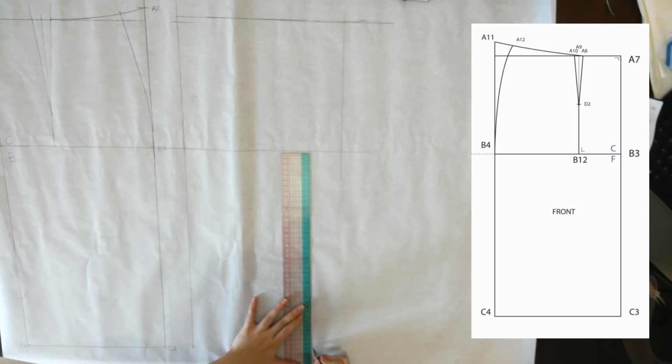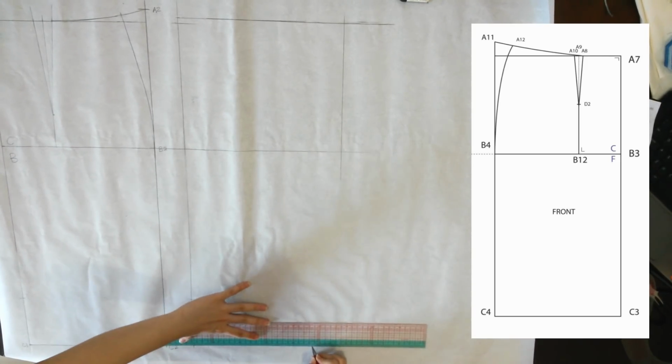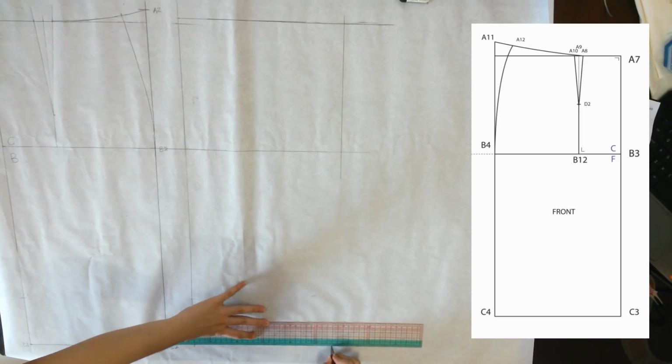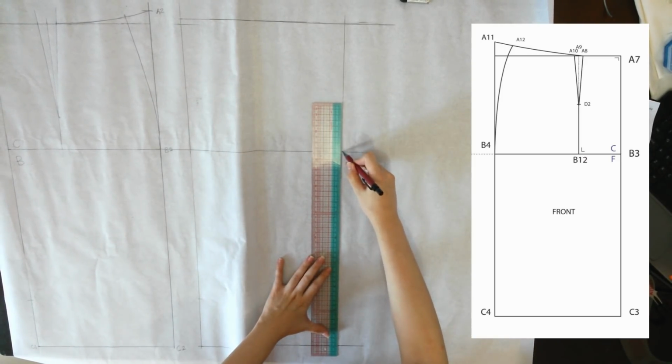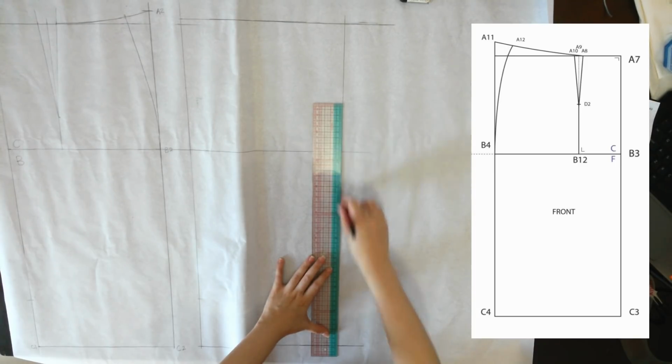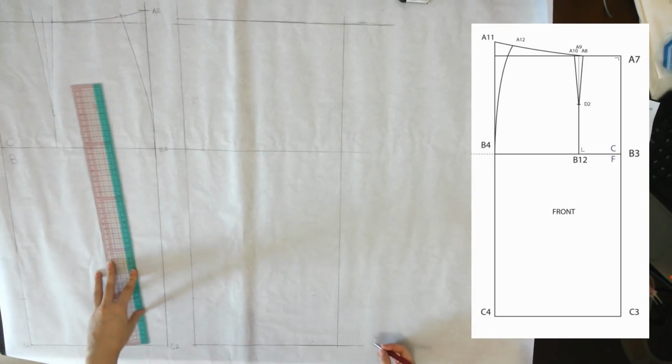C4 to C3 length is similar to B4 to B3. After you have B3, draw a line up and down to get the A7 and C3.